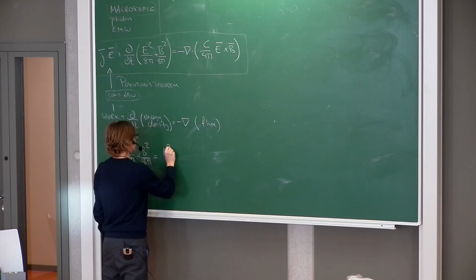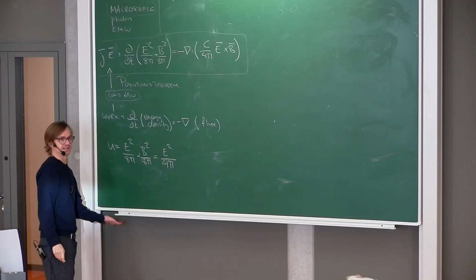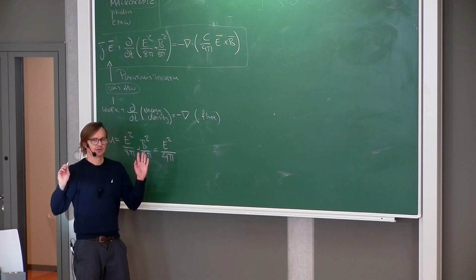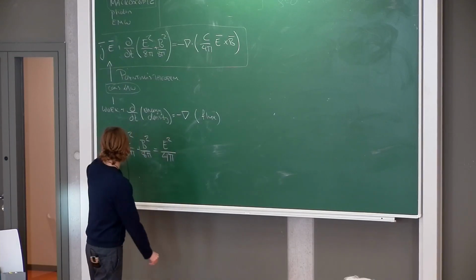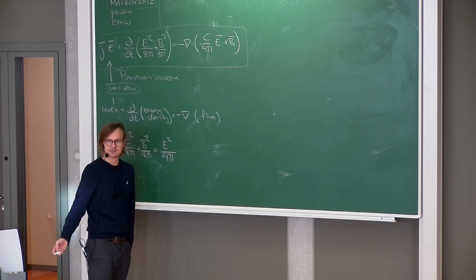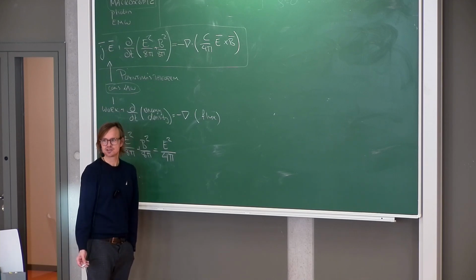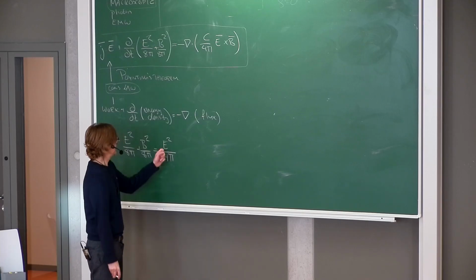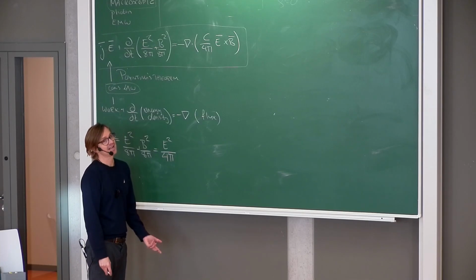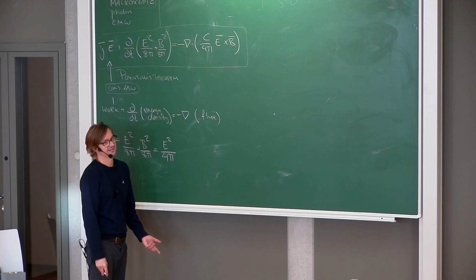which in our CGS units is just E squared divided by 4 pi, because the absolute values of these were the same, which was a convenient property. Now, here I have to make a note, and this is unfortunate, but it's also customary in the field, that remember when we used the macroscopic description for astronomy, then our big E was our radiation energy density, right?